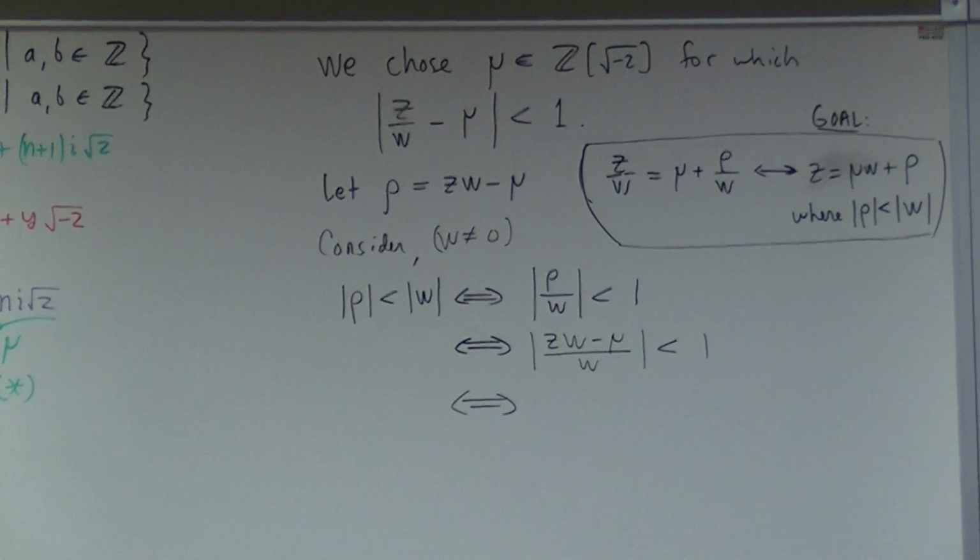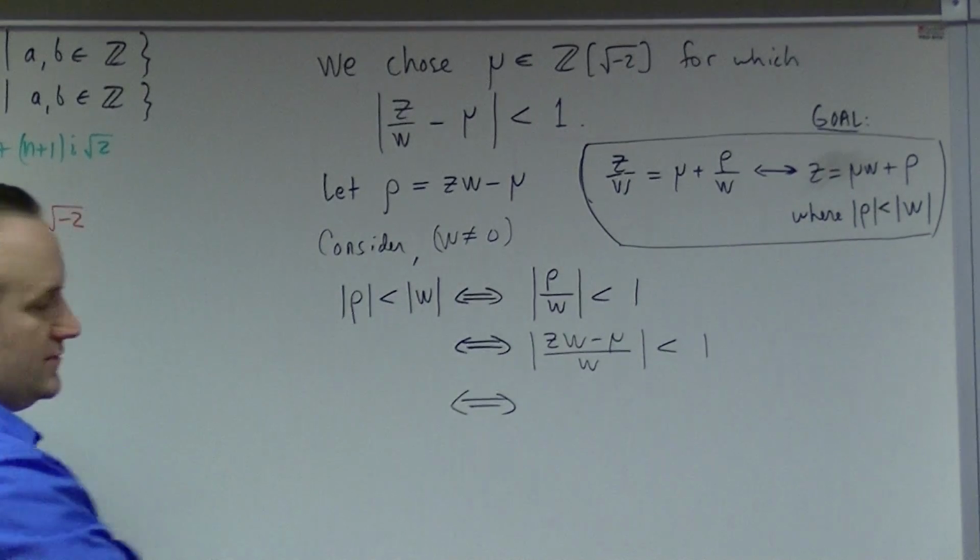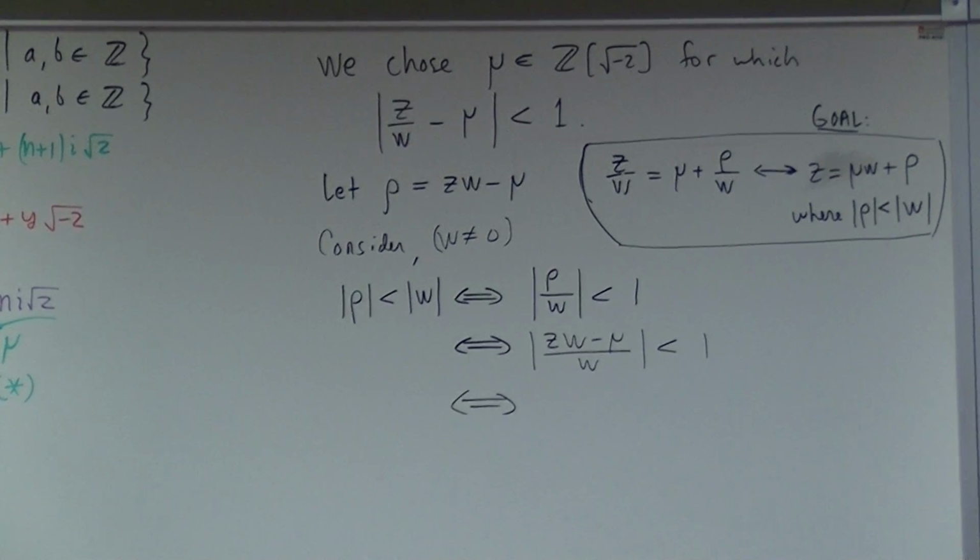If w equals 0, we certainly don't want to try to find some interesting statement about z over 0. We know that's a non-starter for more basic algebra reasons. So we're assuming w is not 0 from the outset. Can you simplify that? Yep.